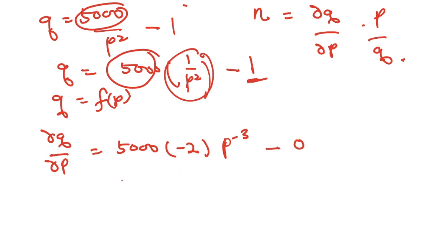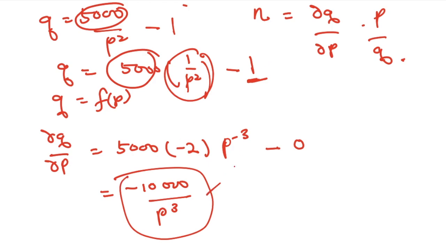Now when we simplify it further, it becomes minus 10,000 over P cube. Once you get this, you plug it back into this answer.